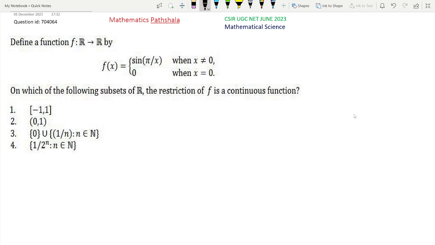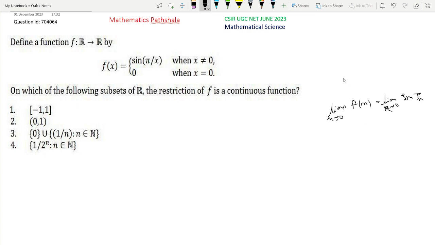So first see here that the limit as x tends to 0 of f(x), which is the limit as x tends to 0 of sin(pi/x), does not exist.